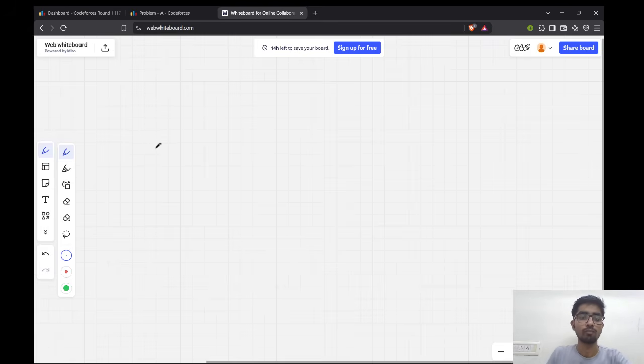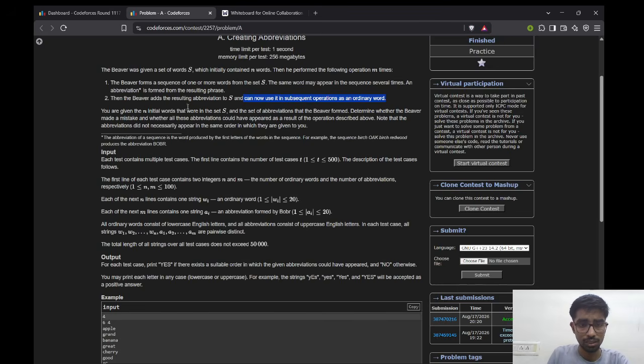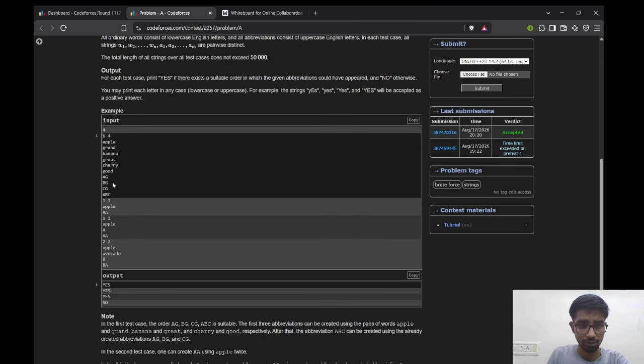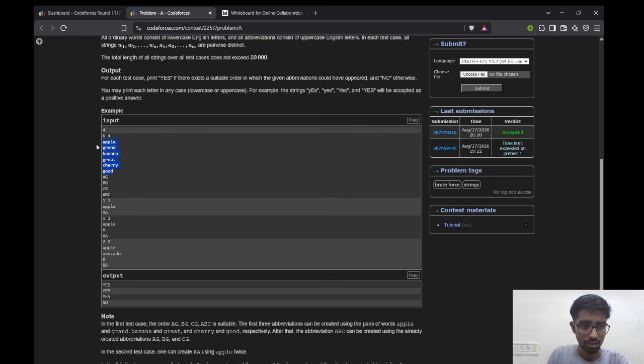So what we'll be doing? We would be creating a set in which we would be storing all the first letters that were present in the words, like here.